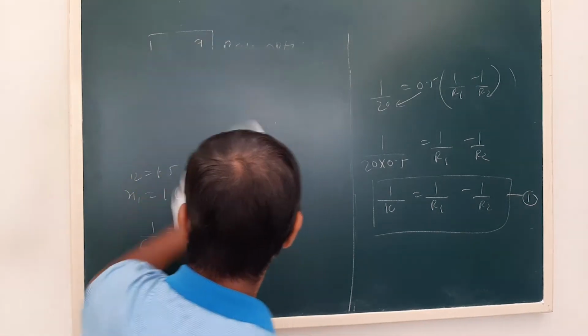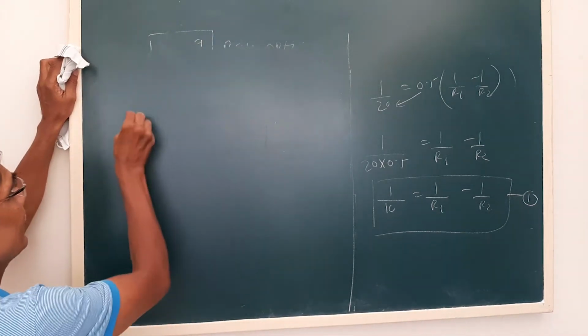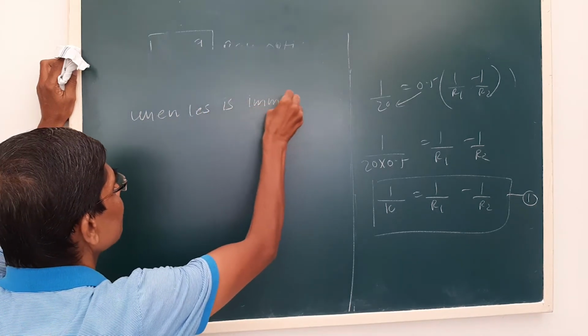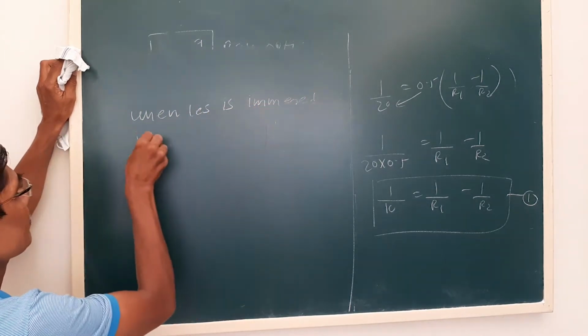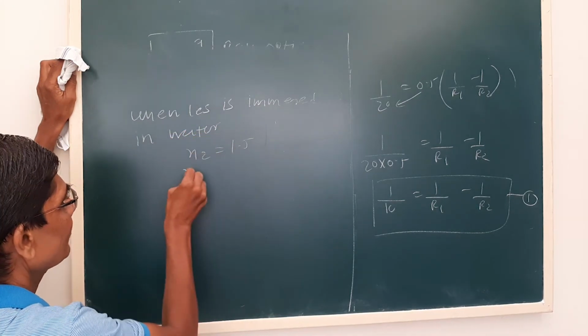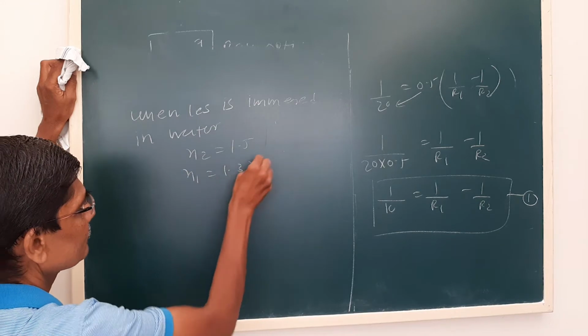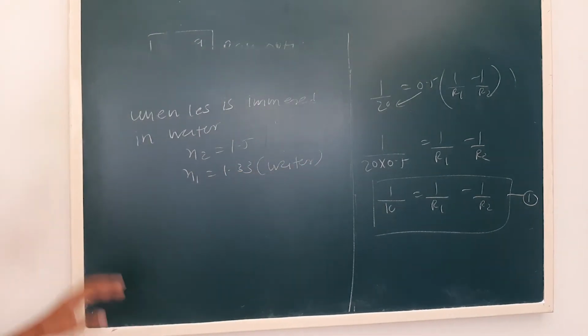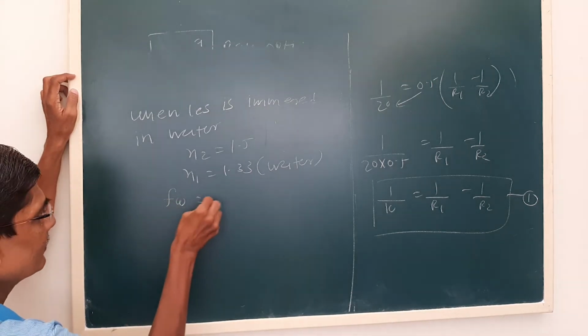So in that case, see, when the lens is immersed in water, N2 is 1.5. See, that is the refractive index of the water. So we have to calculate FW.